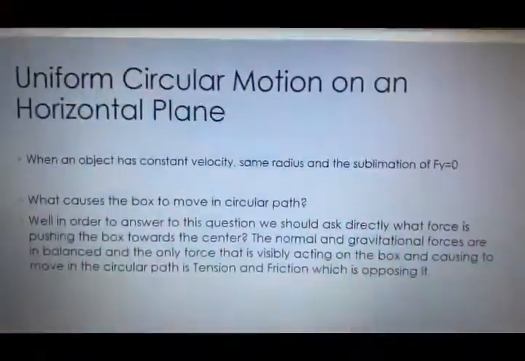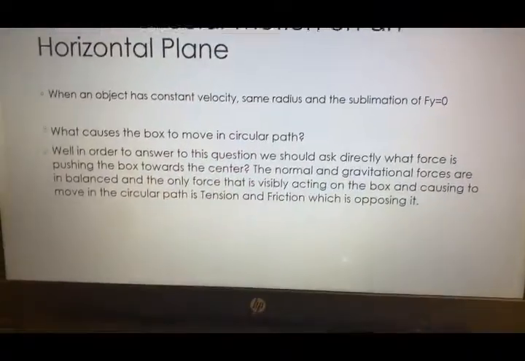We already described that there must be a force keeping it from moving off in the direction of the regular velocity that it has. So there must be something pulling it towards the center of the circular path, which is called tension. Tension is the key to our answer.